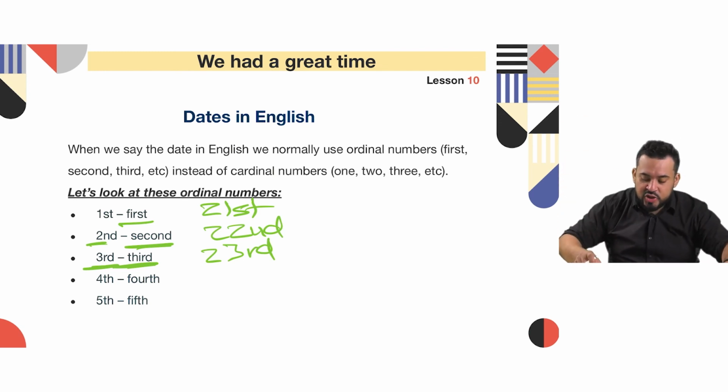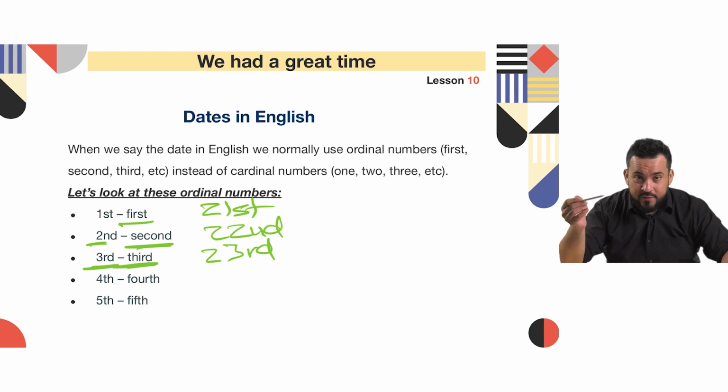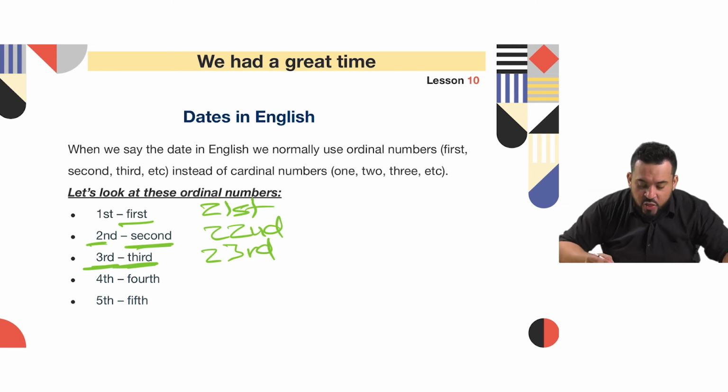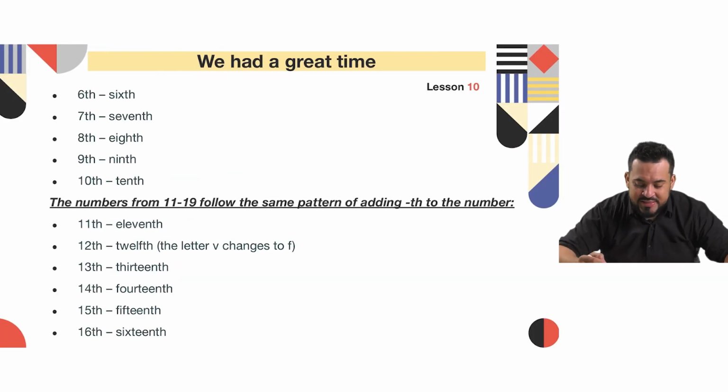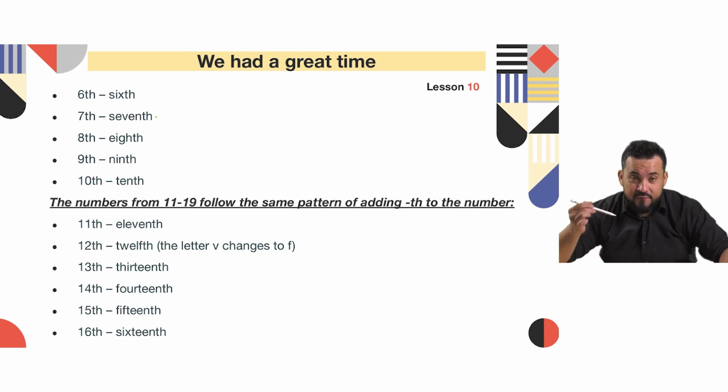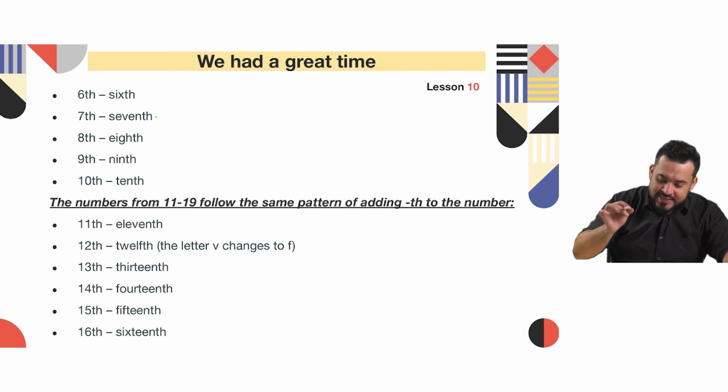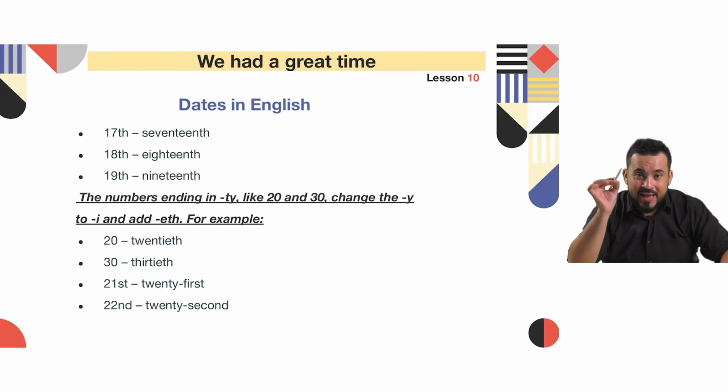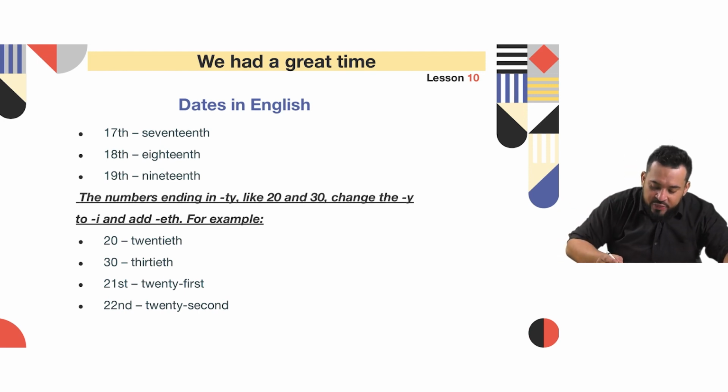Okay, so let's do a quick pronunciation exercise. Repeat after me. First, second, third, fourth, fifth, sixth, seventh, eighth, ninth, 10th, 11th, 12th, 13th, 14th, 15th, 16th, 17th, 18th, 19th, 20th.